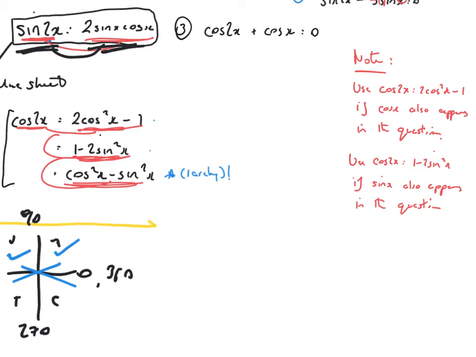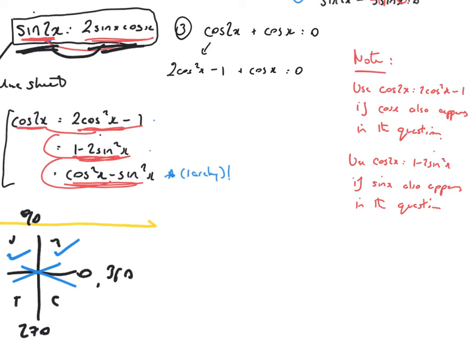So if I've got cos 2x and I've got cos x, that means that I should follow the first piece of advice. Use cos 2x equals 2 cos squared x minus 1 if cos x also appears in the question. So that's the formula that I'm going to use. Cos 2x is equal to 2 cos squared x minus 1. I've still got my plus cos x, and that is equal to 0.